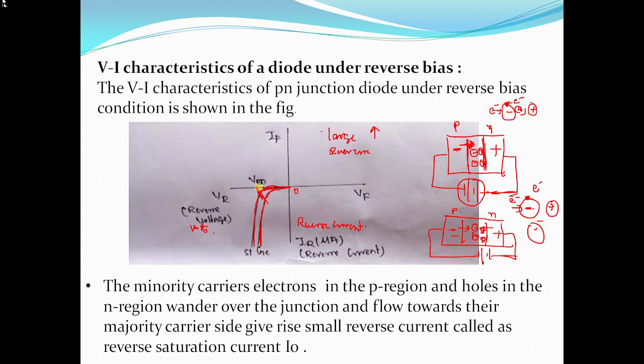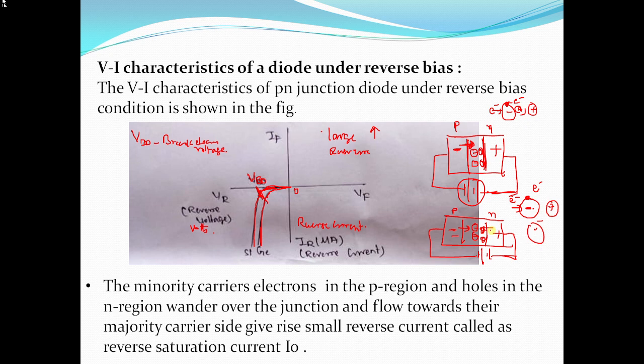The voltage at which this rapid increase of current takes place is called breakdown voltage, VBD. It is the voltage at which current increases rapidly due to avalanche multiplication of electrons.